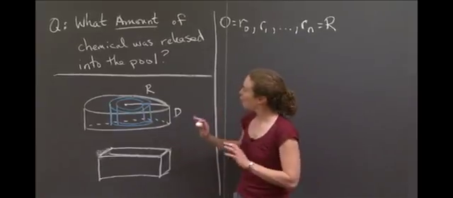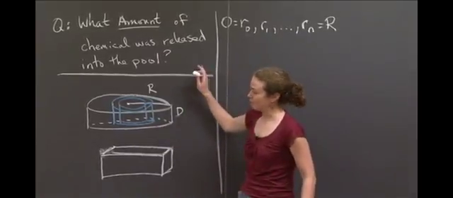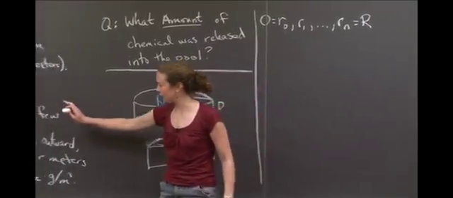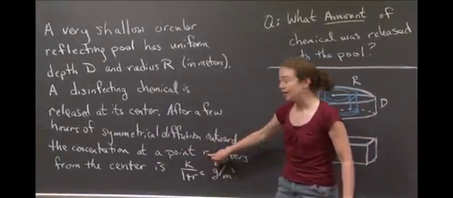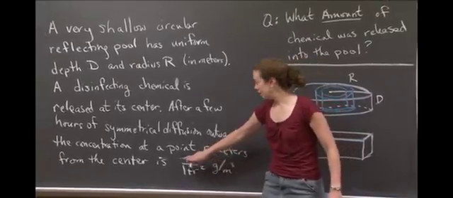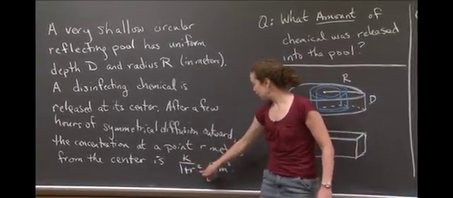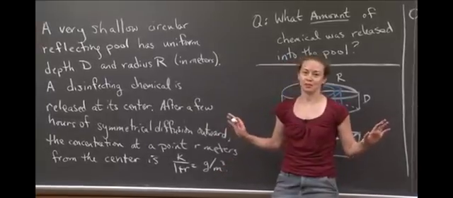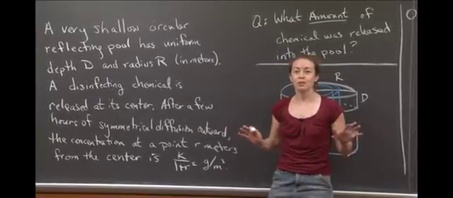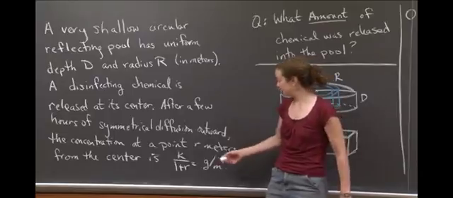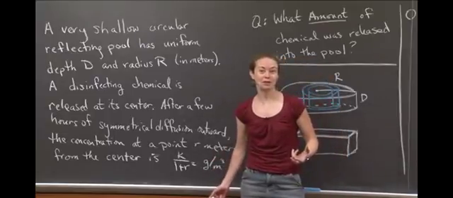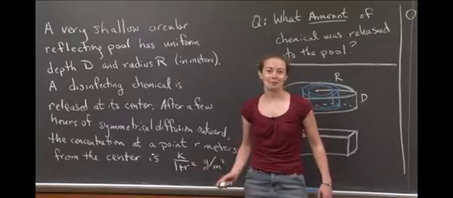Now, what I want is a total amount. I want grams. And what I'm given, if we come back over here, is the concentration at a certain radius. It's K over 1 plus r squared grams per cubic meter. Now, if nothing else, you should have seen that if I want grams, and I have something in grams per cubic meter, somewhere I'm going to need something with cubic meters to cancel this unit so I end up with grams.